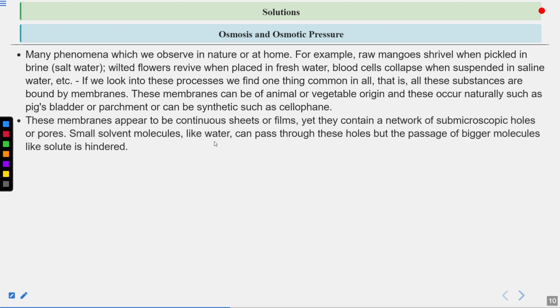Now, this membrane can be anything. It can be a network of submicroscopic holes, which only allows the passage of solvent molecules and not the bigger molecules like solute.